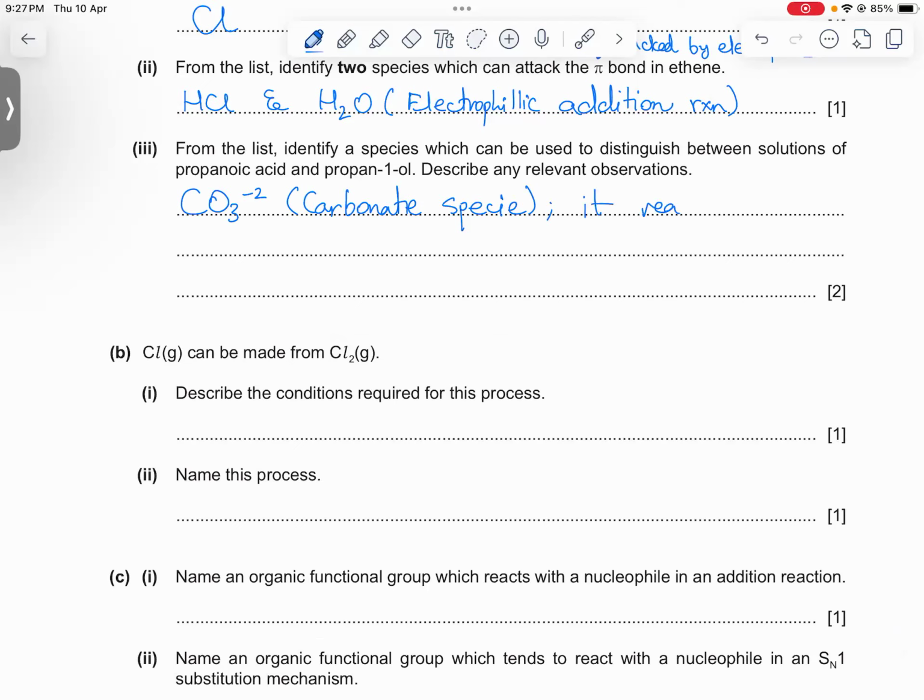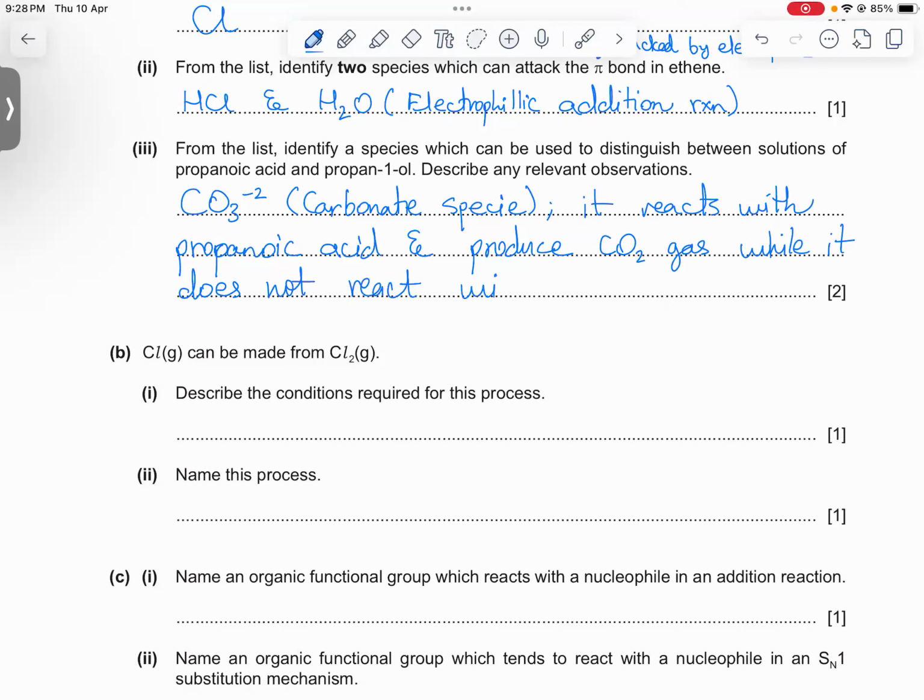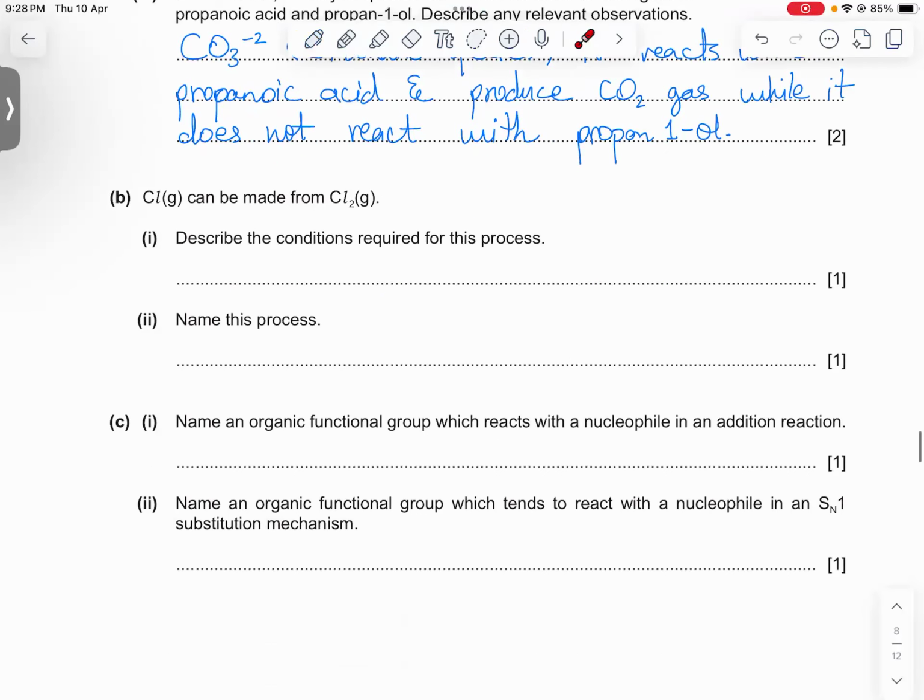It reacts with propanoic acid and produces CO2 gas, while it does not react with alcohol, or not alcohol, let's specify propanol. Propanol, full stop.